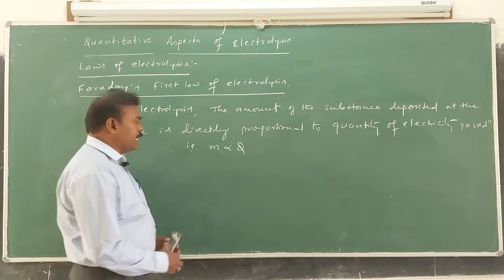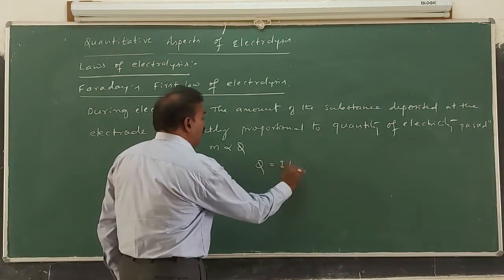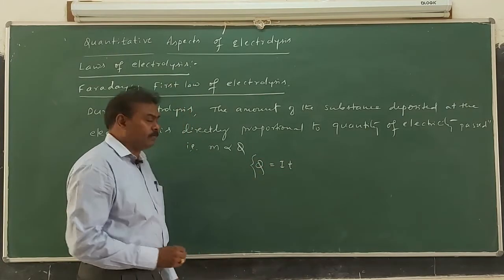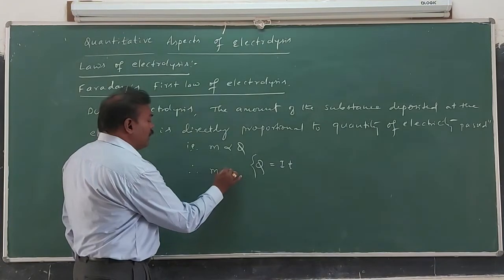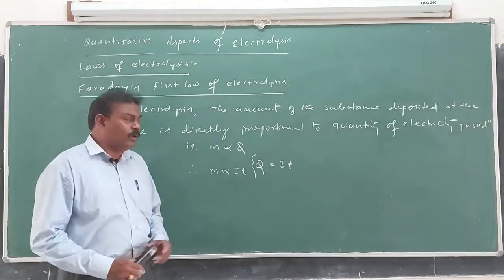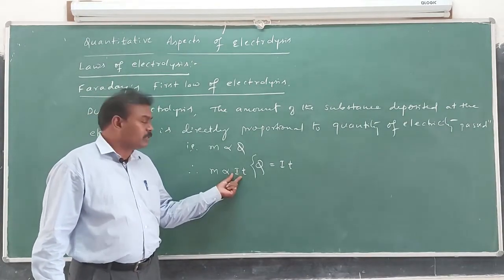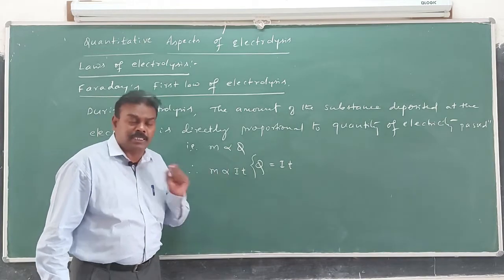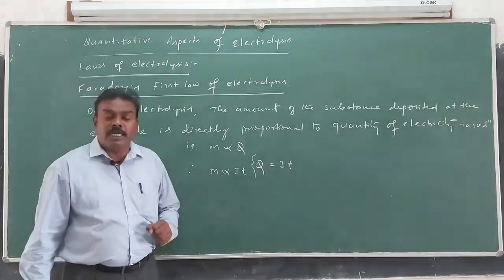We know that Q is equal to I into T. Therefore, this relation can be written as m proportional to I into T, where I is the current strength in amperes and T is the time in seconds.